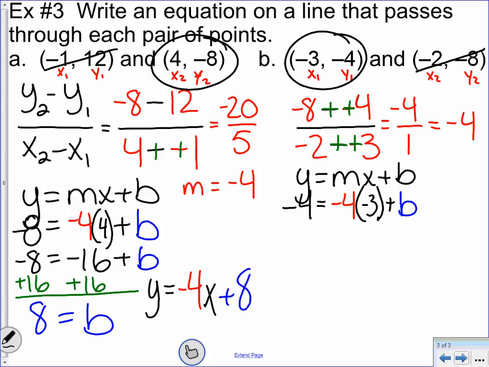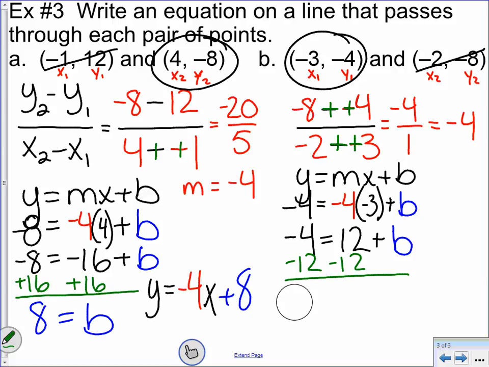So I have my negative 3 in there for x and negative 4 in for y. Now let's go ahead and solve this. So negative 4 times negative 3 is positive 12. I can then subtract 12 from both sides. Negative 4 take away 12 is negative 16.